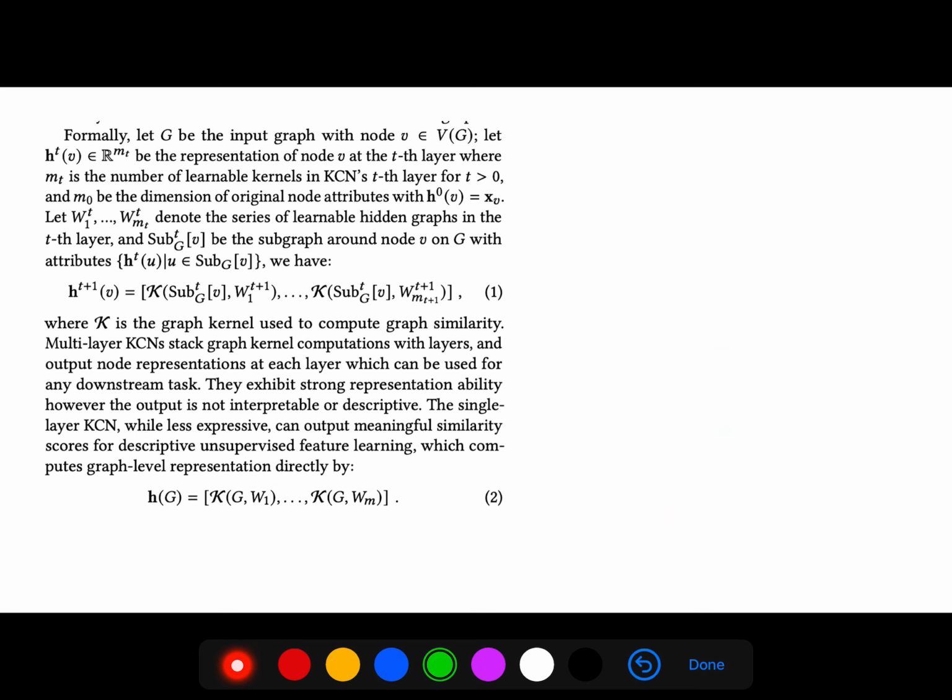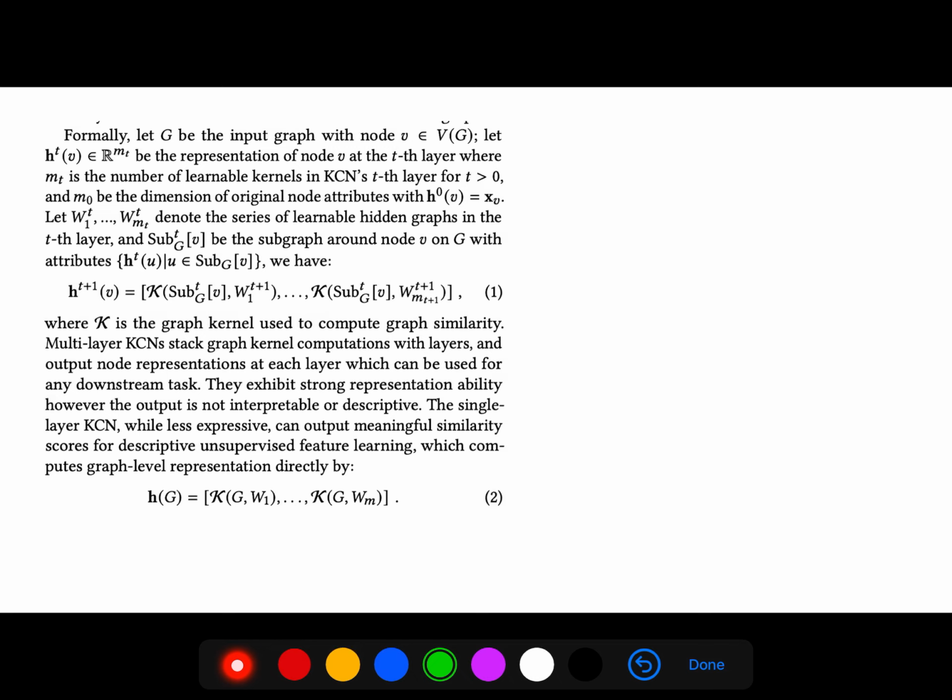For example, let H be a representation of node V at the Tth layer, where M sub T is the number of learnable kernels. Let W1 to Wm denote a series of learnable hidden graphs in the Tth layer.